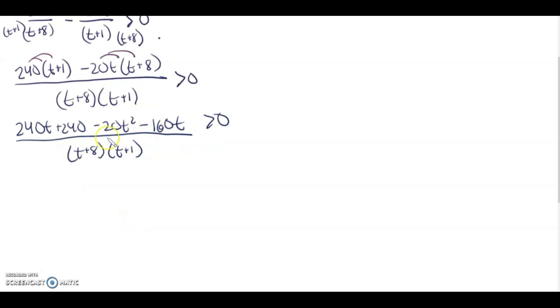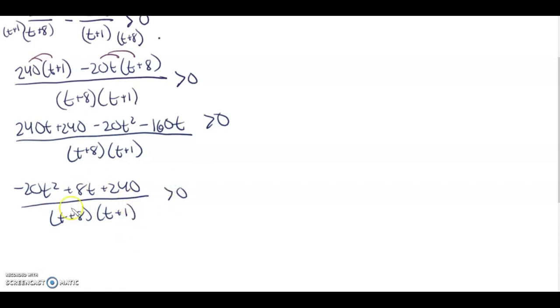So I'm going to get negative 20t squared plus 80t plus 240, same denominator. And negative 20 times t minus 6 times t plus 2. This is what that factors to.